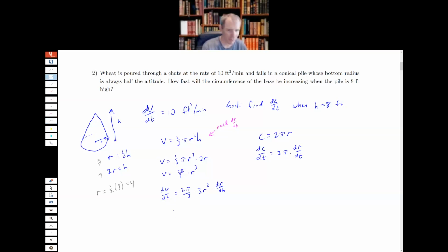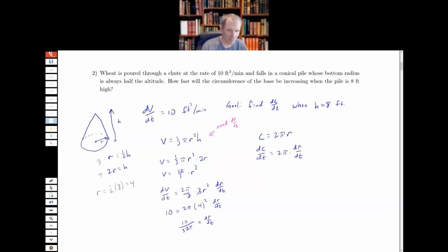Okay, so I plug that in. dV/dt is 10. The 3's cancel. r is 4. Divide to get dr/dt by itself. 4 squared is 16 times 2 is 32. So 10 over 32 pi equals dr/dt.